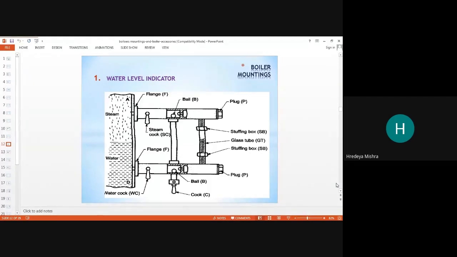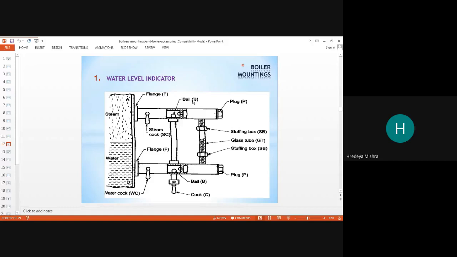In this diagram we can observe the flange, and this is water, and there is steam.